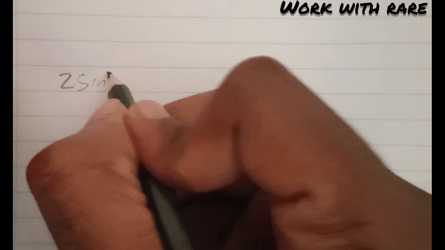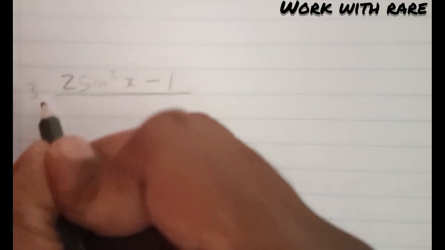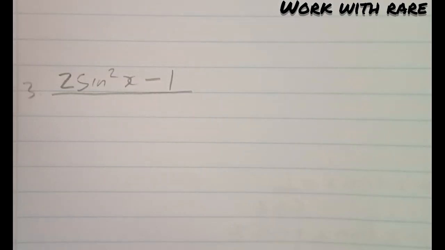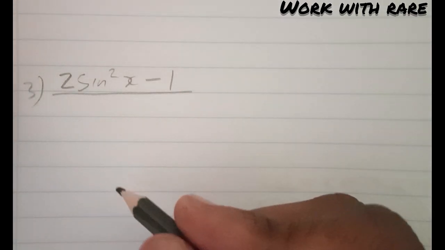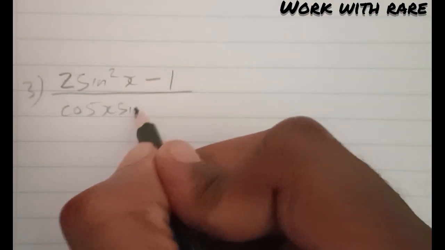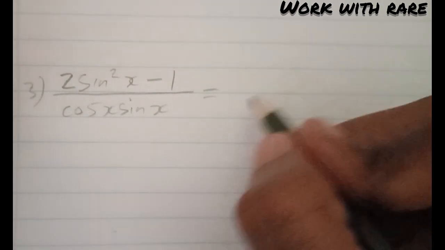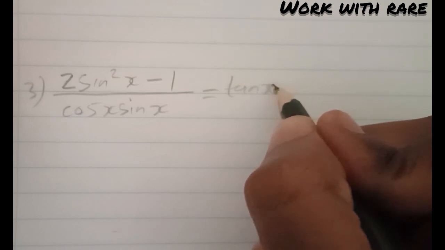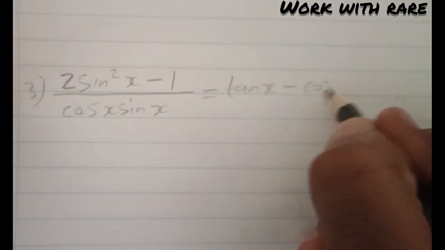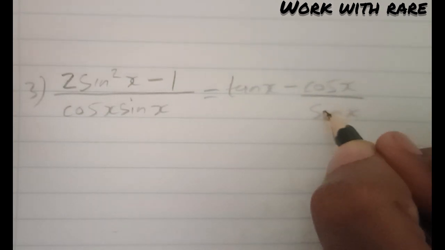So let's do number 3. Number 3 says we have 2 sine squared x minus 1 all over cos x sine x is equal to tan x minus cos x over sine x.